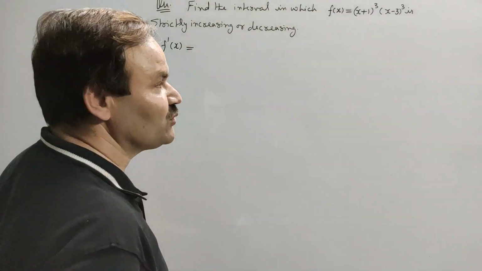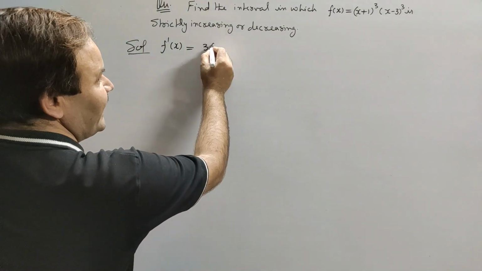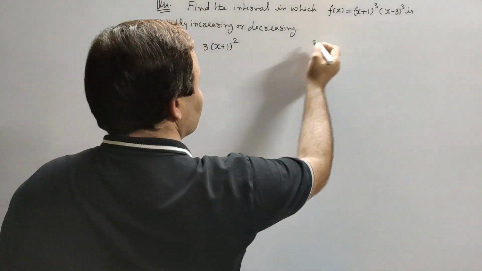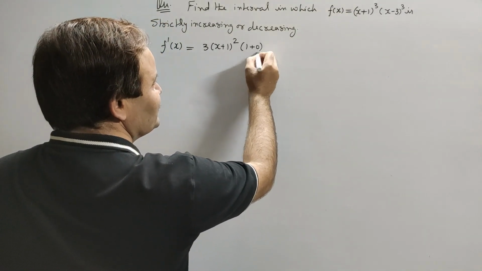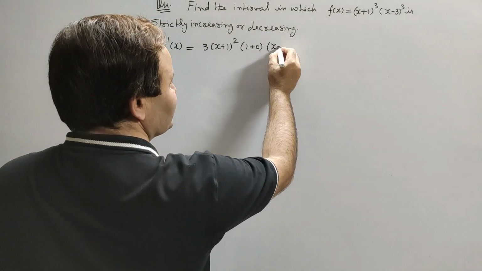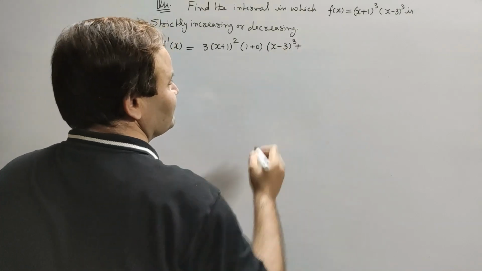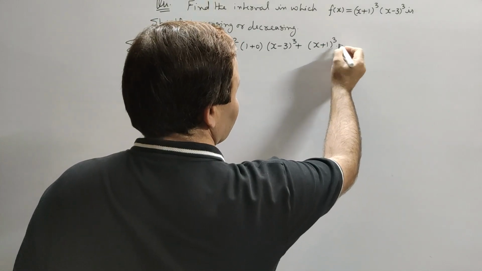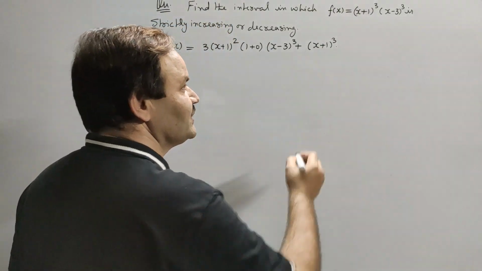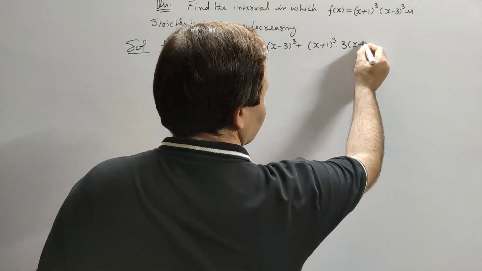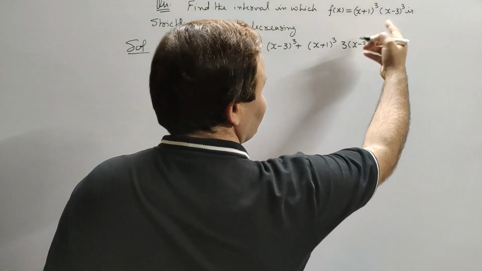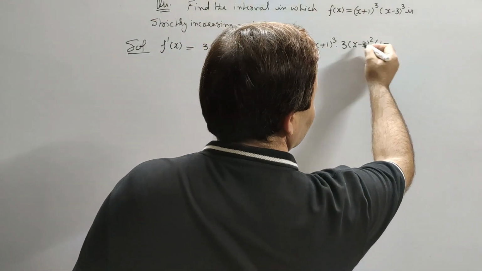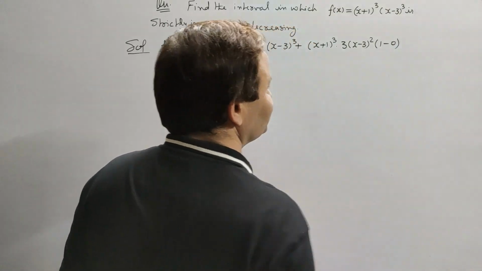we will apply the product rule: 3(x+1) whole square, and differentiation of x+1, that is 1 plus 0, into (x-3) whole cube as such, plus (x+1) whole cube as such, and differentiation of (x-3) whole cube, 3(x-3) whole square into differentiation of (x-3), where x gives 1 while 3 gives 0.